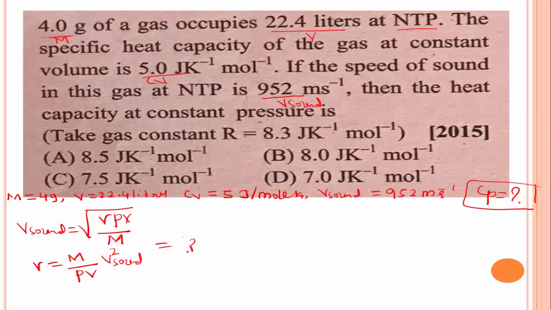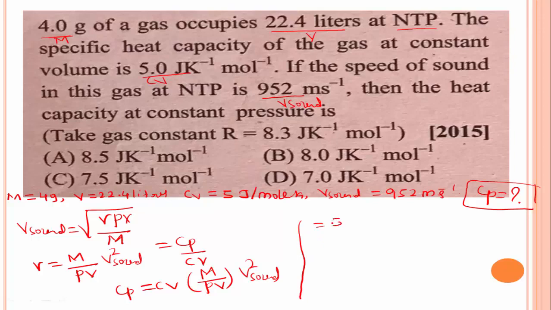This is equal to Cp divided by Cv. Therefore Cp is equal to Cv into M divided by PV into V sound whole square. Now substitute the values here.